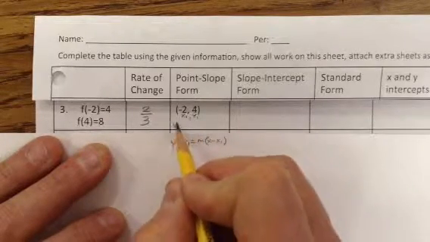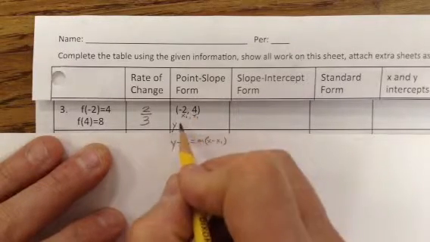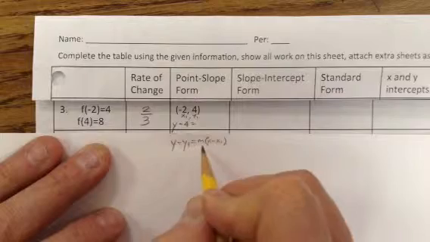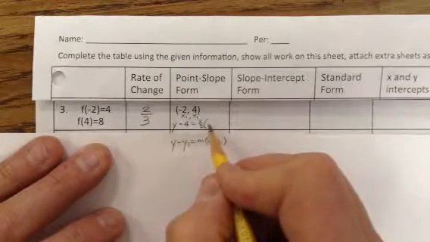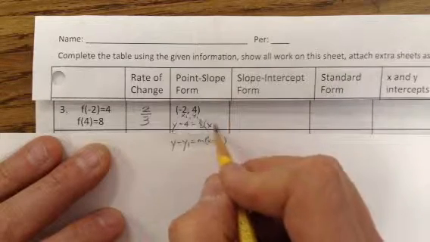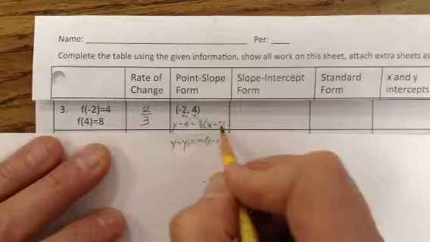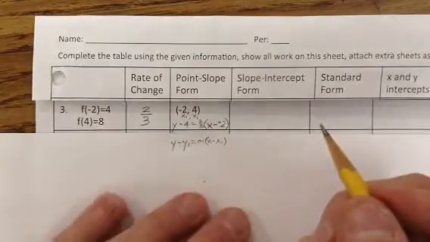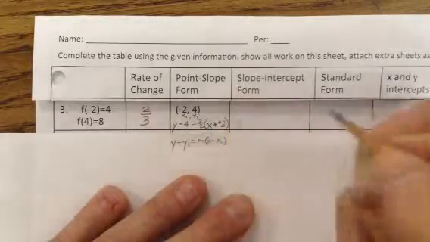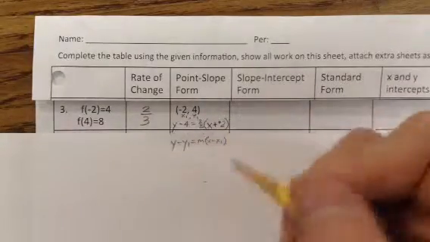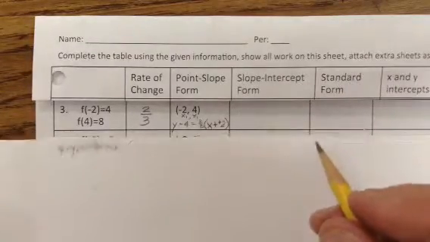So here we go, we have regular y, that is the variable, minus the y that we know, which is 4, is equal to our slope, which is 2/3, parentheses, and we do x minus, and my x value is a negative 2, and I don't want double signs, so that's actually going to be adding a positive. So that's point-slope form.